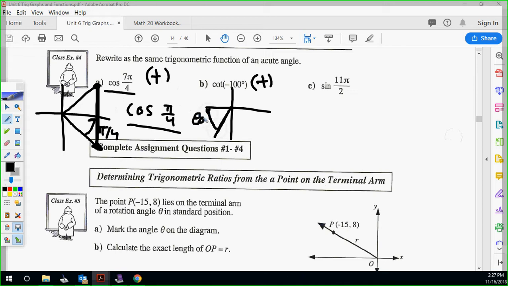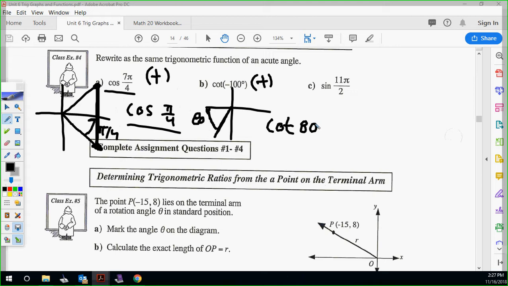So then it's simply going to be cotangent of 80. Now cotangent is a little bit trickier because it's the combination of y over x. So it's not as easy to see, because it's a diagonal. It's y over x, so it's a little bit different, but it still means the same thing.